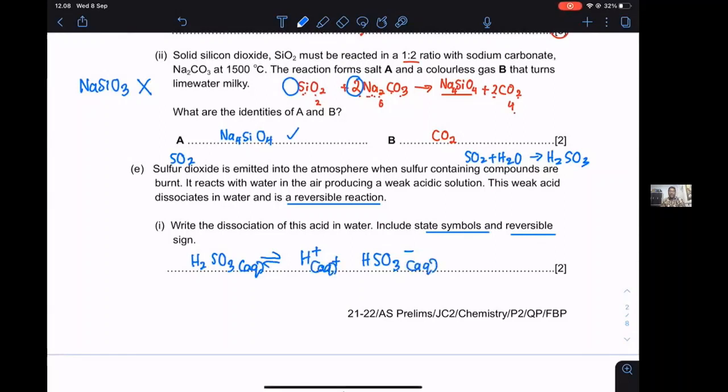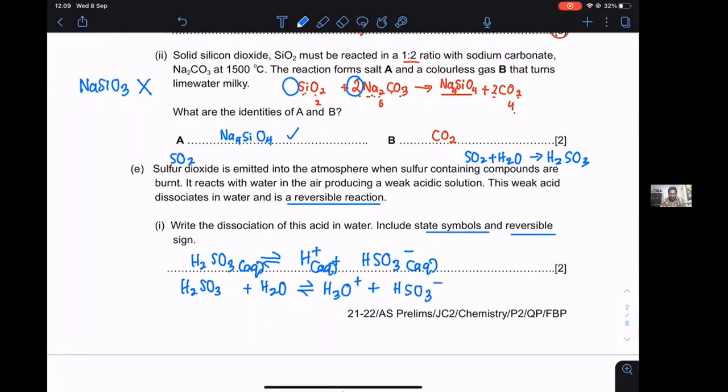Now, I don't see any one of you put this equation, but you can also write it in this manner, the reaction with water. So it's supposed to be H2SO3 plus water. If you want to show it like that, also can. But you need to write H3O+ and then HSO3-.